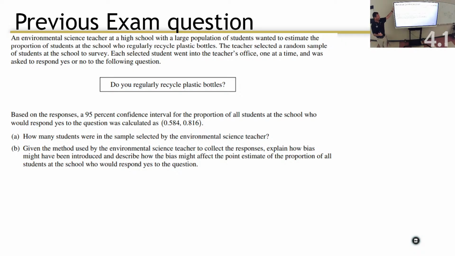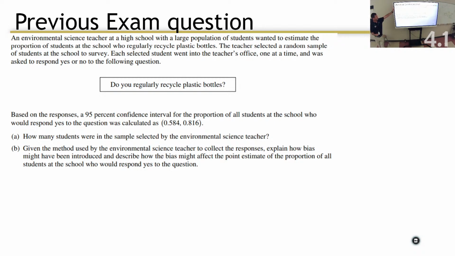The teacher selected a random sample of students at the school. Luckily, they didn't take a random sample of science students. Luckily, they didn't take a random sample of, I don't know. They took a random sample of all students. So that sounds good.